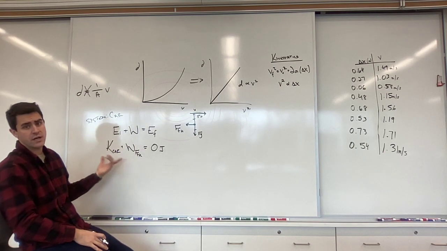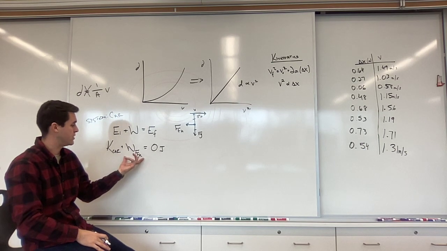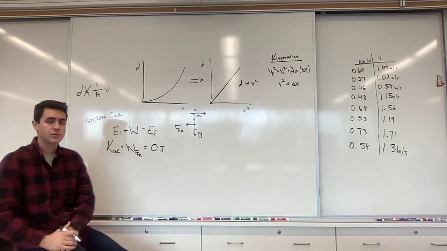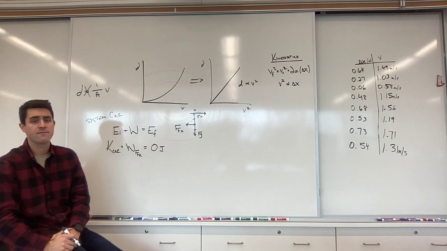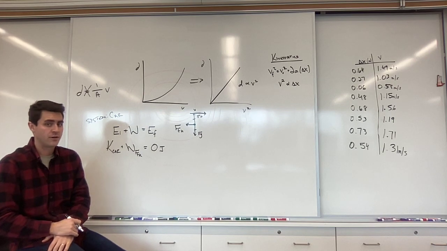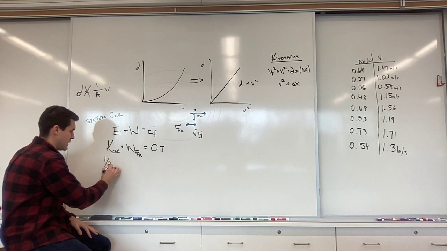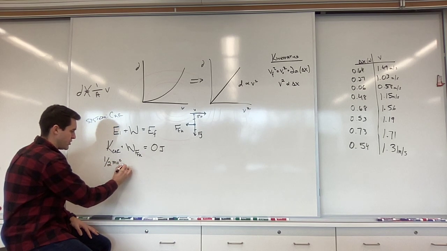So this is my expression. I start with kinetic energy in the car. There's obviously an outside force by friction done, and I end up with 0 joules. I'm asked to find an equation for stopping distance in terms of the variables that are here. So let's start plugging those variables in. Kinetic energy is always 1/2 mv squared.